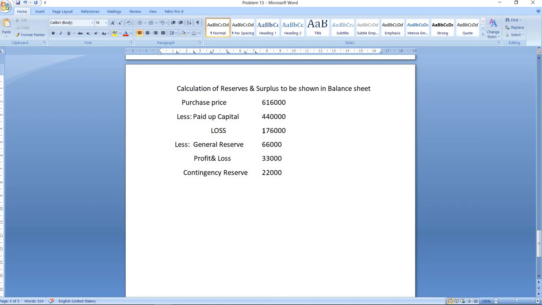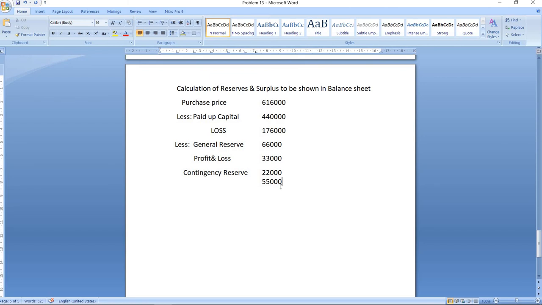Okay, so this loss of 1,76,000 can be adjusted with general reserve, profit and loss, and contingency reserve. So let us minus and see. Okay, so then we get a balance of 55,000 rupees.